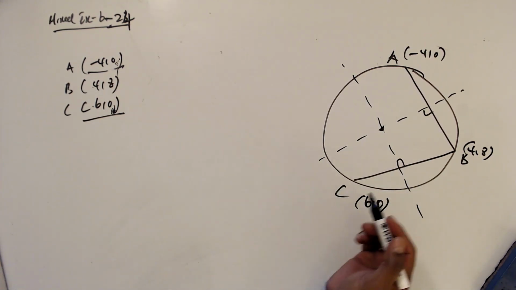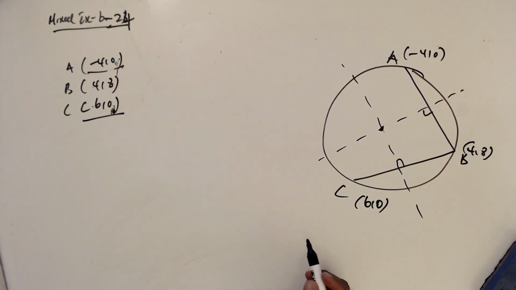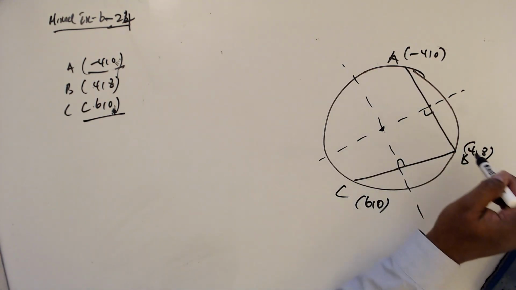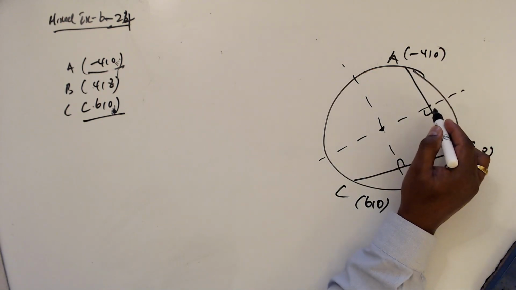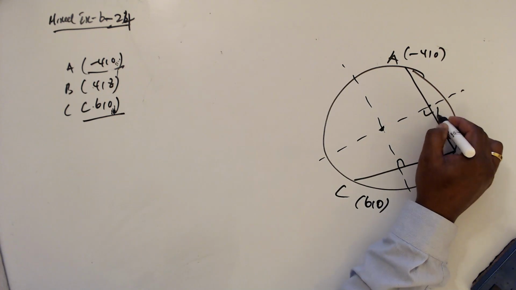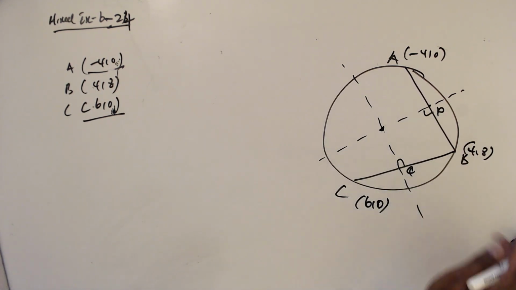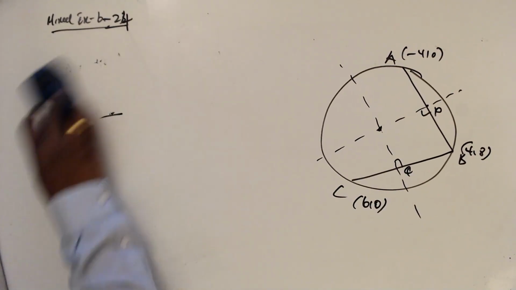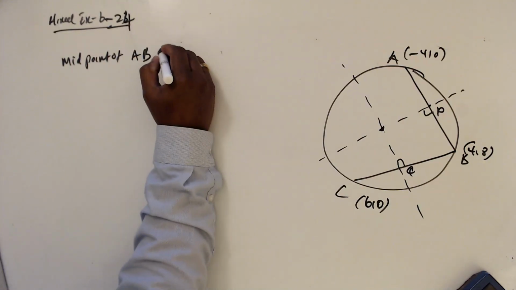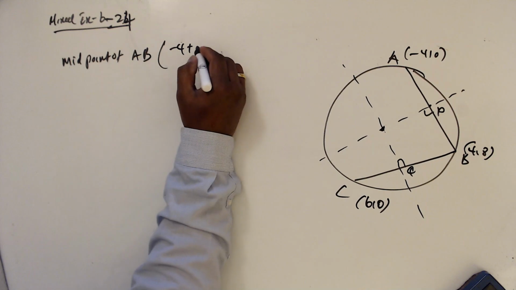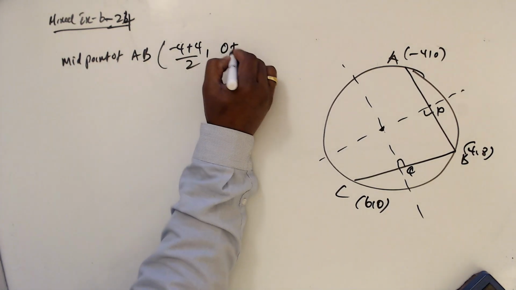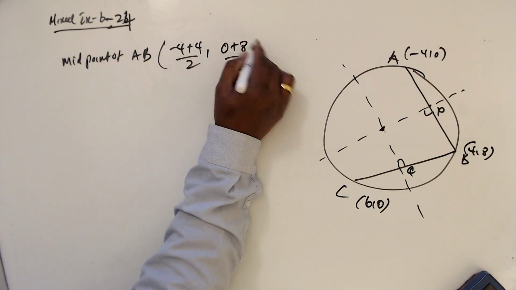We did a lot of sums like this. So we can work out the midpoint of AB. I will take this as P and this as Q. Midpoint is x1 plus x2 divided by 2, y1 plus y2 divided by 2.